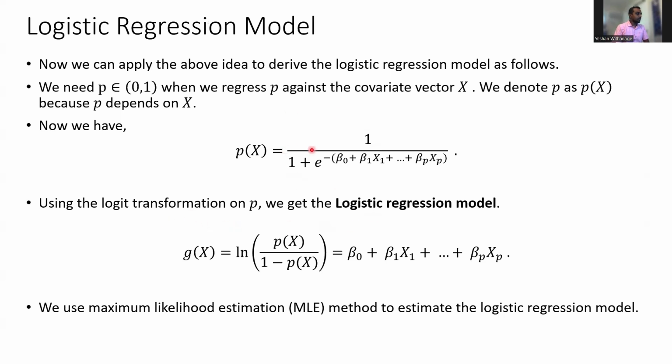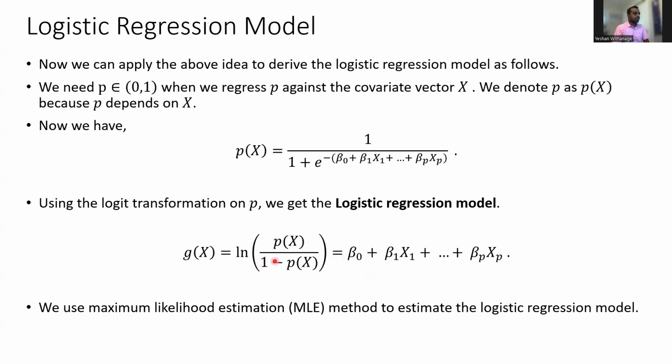So this is the logistic transformation, and then by applying the logit, the inverse transformation, you can get the logistic regression model. So it gives you this. Here you can see now that the natural logarithm of the probability divided by 1 minus probability is equal to a linear combination of the predictors.